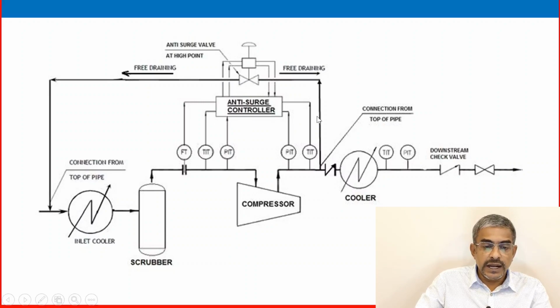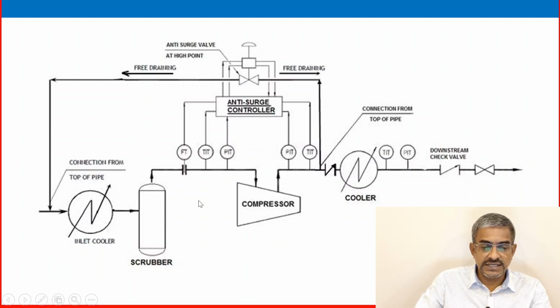Whenever the suction pressure gets below the set point, there will be an anti-surge set point. In that case, this control valve will open and some quantity of the gas will go back to the suction side of the compressor. This way it will maintain.